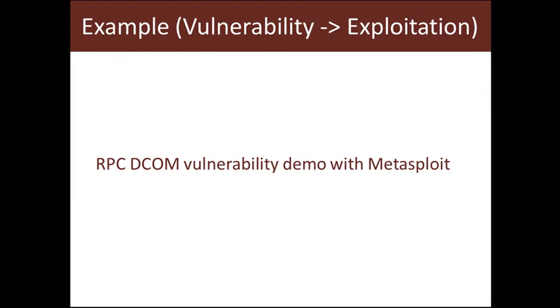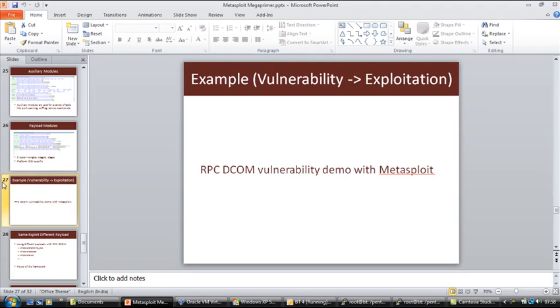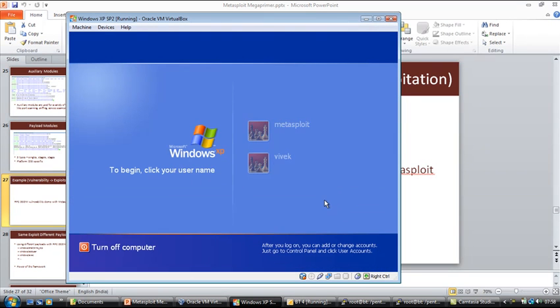Okay, so now let us use the Metasploit framework and exploit the RPC DCOM vulnerability, but now we will actually go ahead and explain each and every step we are doing, right? So let's first ensure that our vulnerable machine is up and running.